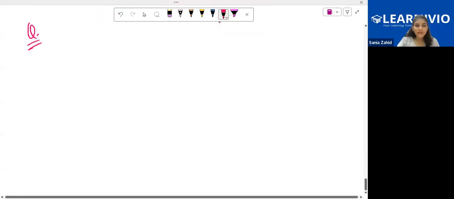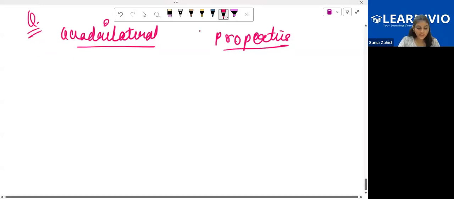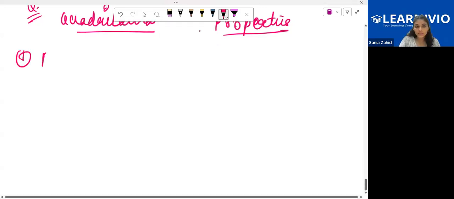The task is that I'll write the quadrilateral here, and you have to write the properties of that quadrilateral. I discussed this in the previous class as well, when we were discussing this chapter. That time I taught you the properties. Now you have to write the properties. So I'll write the name of the quadrilateral here.